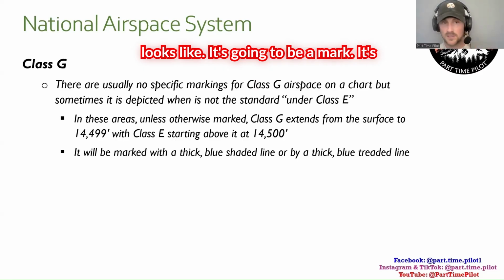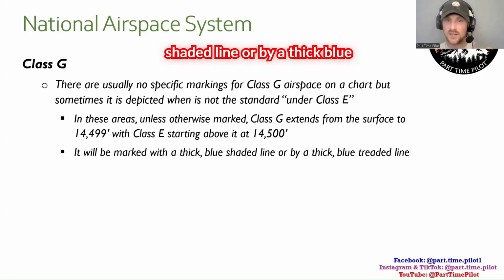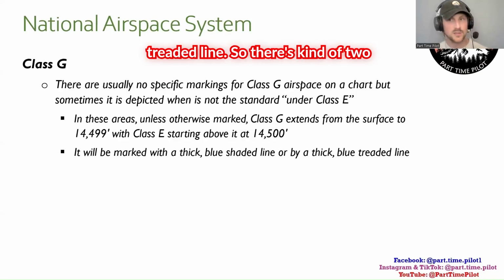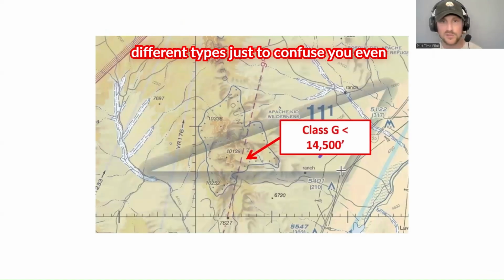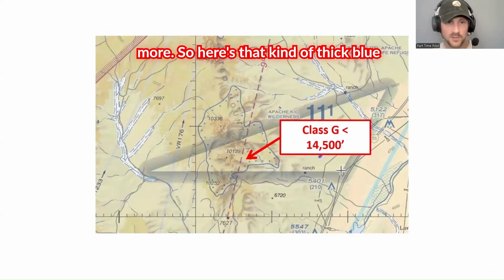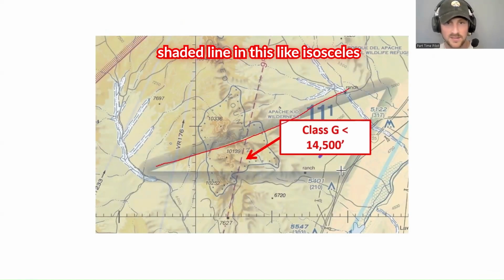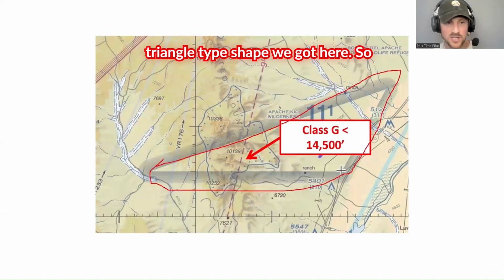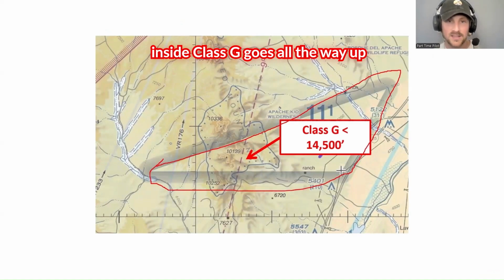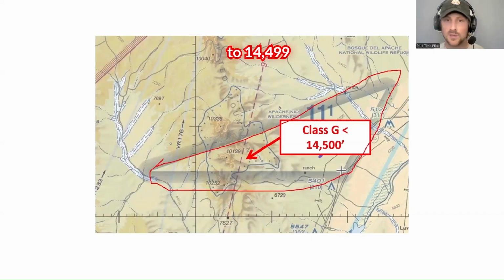It's going to be marked with a thick blue shaded line or by a thick blue treaded line. So there's two different types, just to confuse you even more. So here's that thick blue shaded line in this isosceles triangle type shape we got here. So inside, Class G goes all the way up to 14,499 feet.